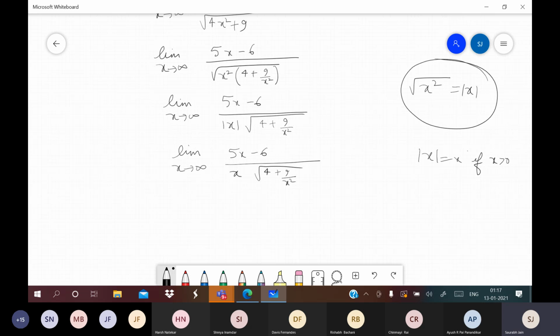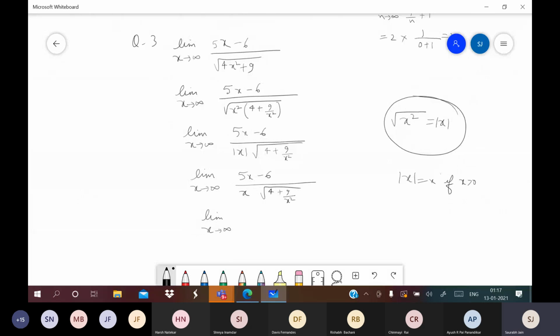Now, what is the next step? Divide numerator and denominator by x only. This we have already discussed. So when you divide the numerator and denominator by x, it will be something like this. The rest is simple calculation, because when you see finite number upon infinite, it will be 0.